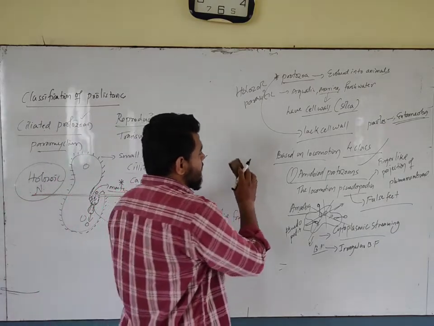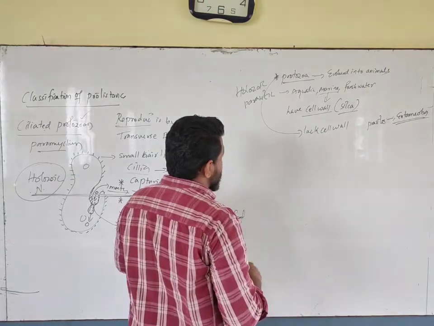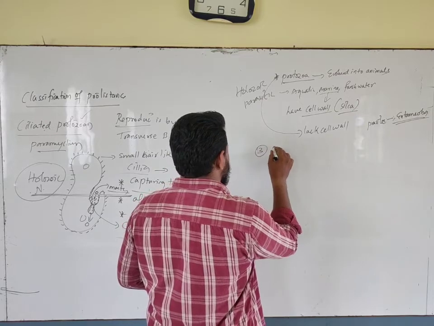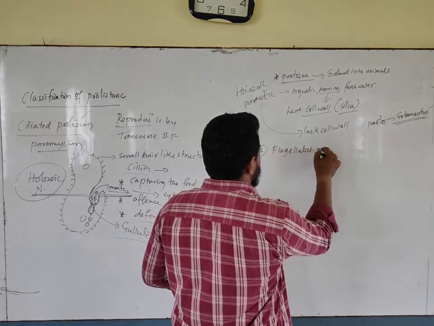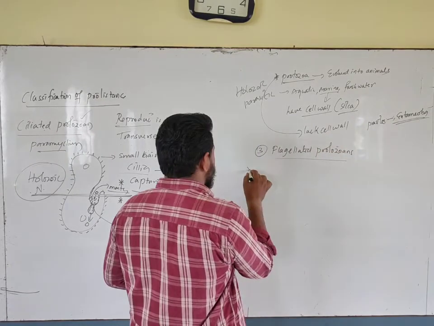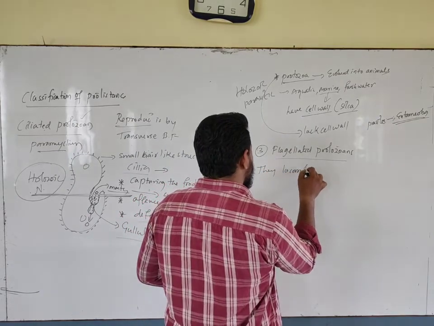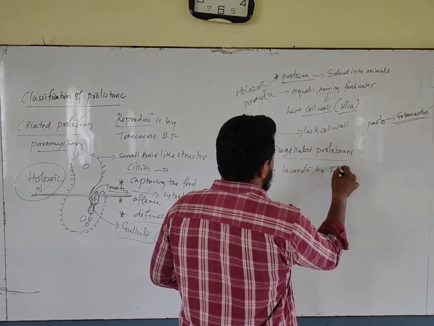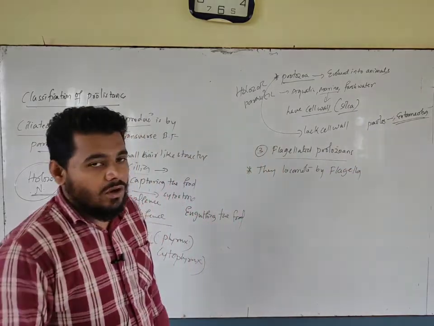Okay, the next, third class of protozoans, are flagellated protozoans. So they locomote by long hair-like structures called flagella.